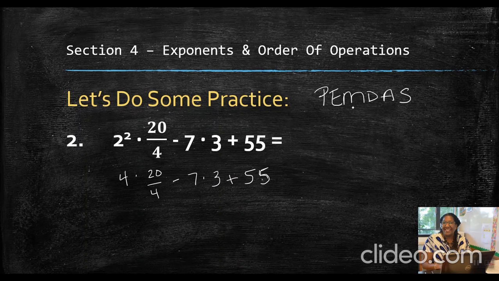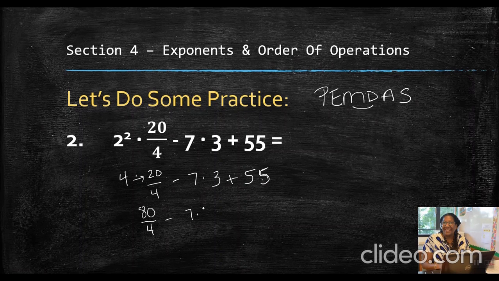Multiply or divide from left to right. So, 4 times 20 over 4. One big problem. 20 over 4 is really division. So 4 times 20, if we were to do these two first, 4 times 20 is 80 over the 4. This is now division.